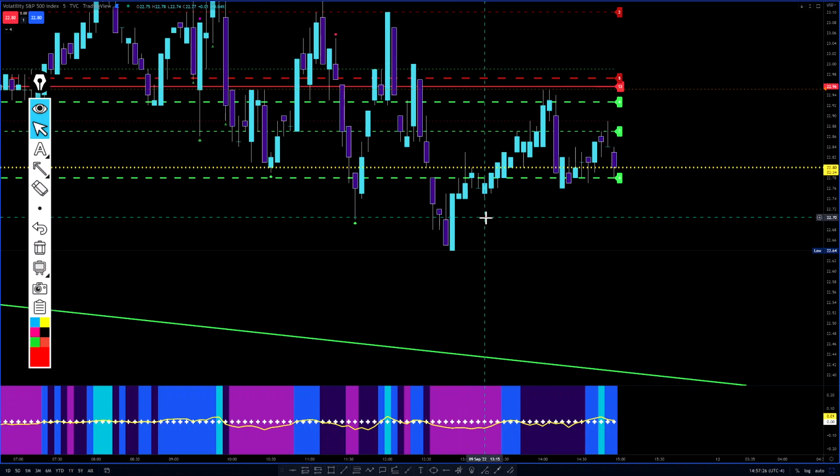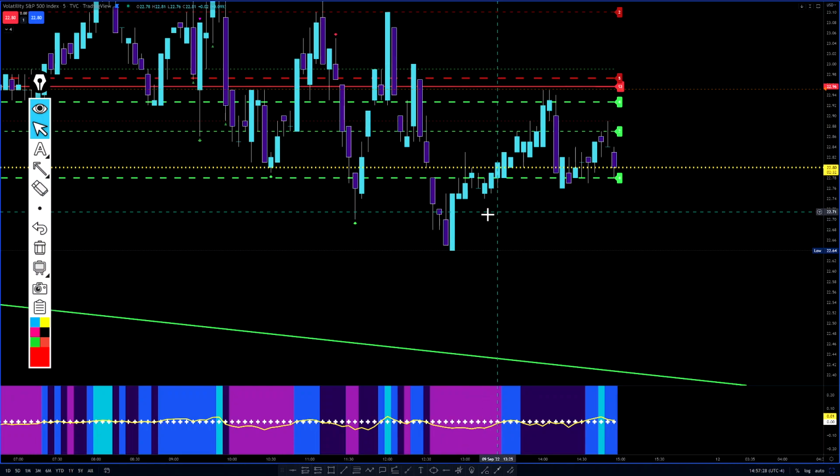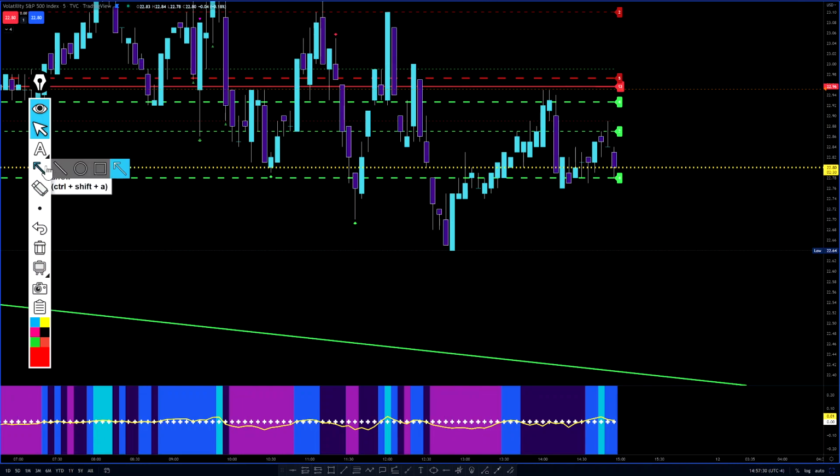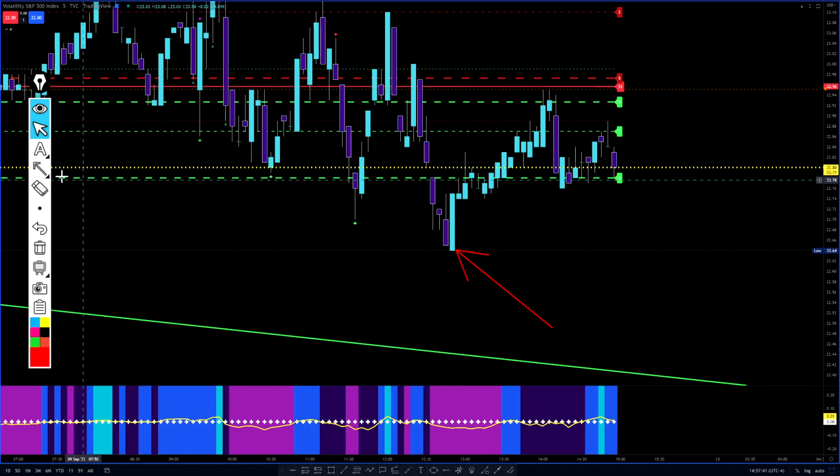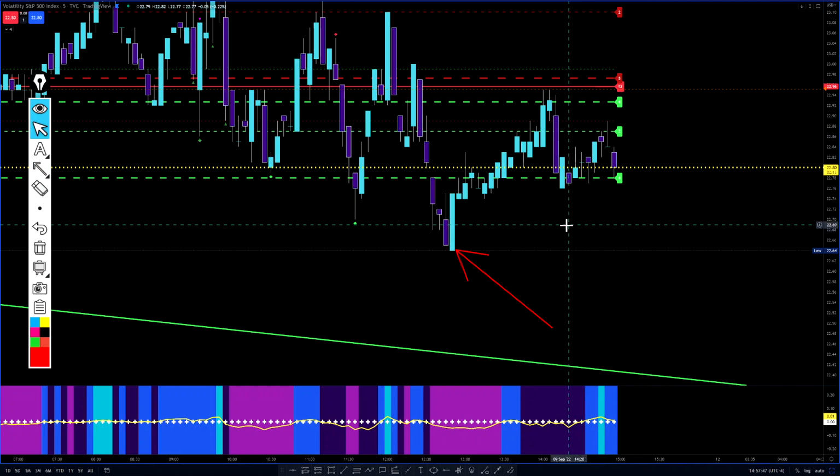On the VIX, this candle happened around 12:50, and we pushed up nicely from there. And let's see what time I took the trade.